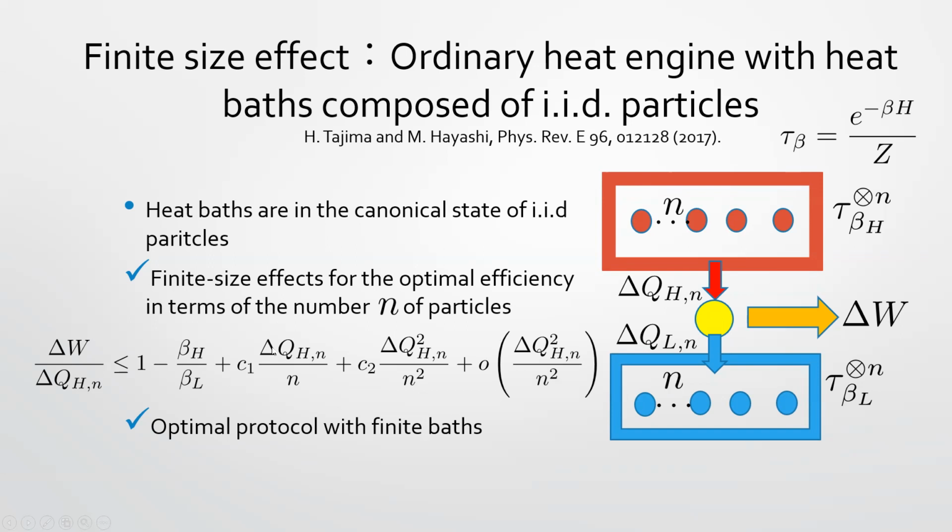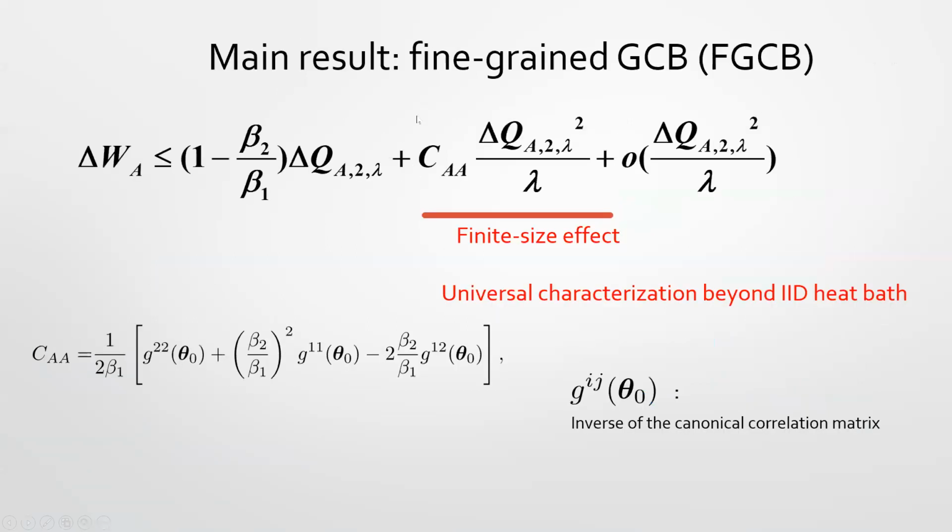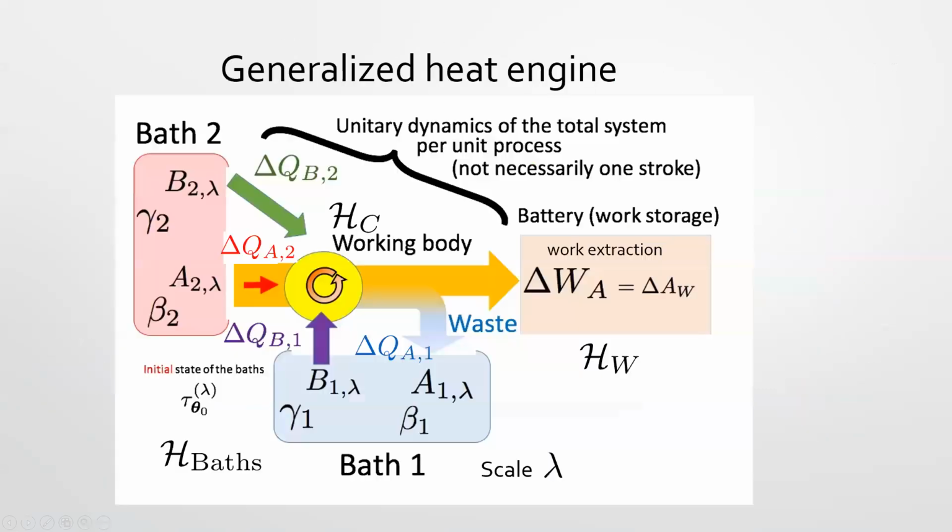But that C1 is the same as this C_A, this one. So this is the one conserved quantity case. Now we want to proceed to the two conserved quantity case.